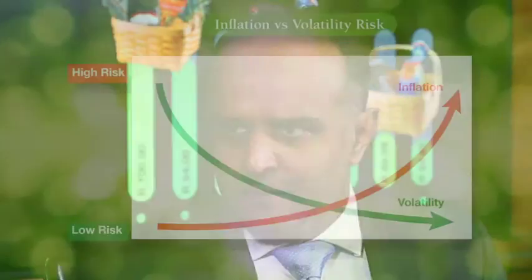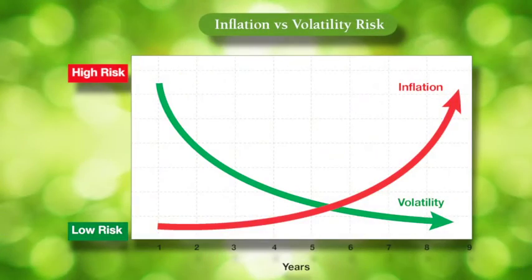Now, one of the concerns of investors tends to be that you do find volatility in equity markets. For example, we had the financial crisis a few years back. We've had the events of December recently, which also resulted in increased volatility. So you do have events and times where you will have financial volatility in financial markets. However, when you're comparing inflation versus volatility, inflation is your biggest risk over the long term.